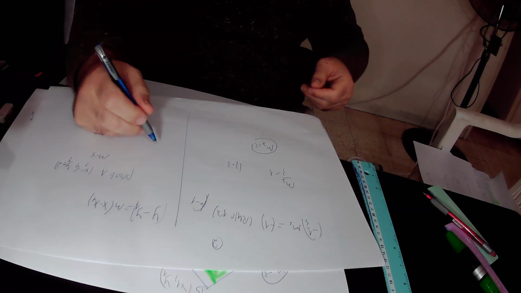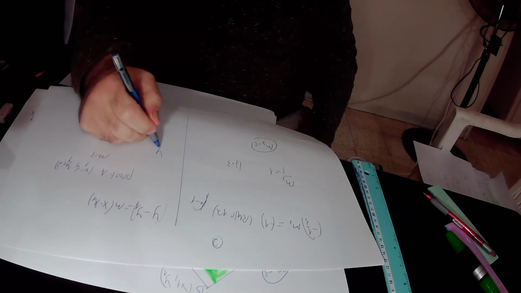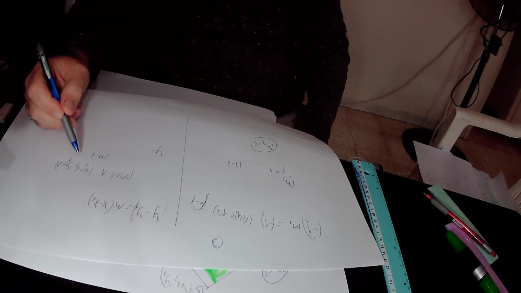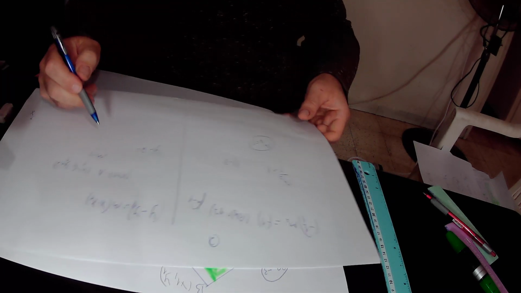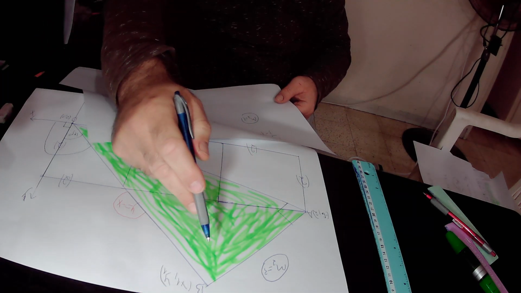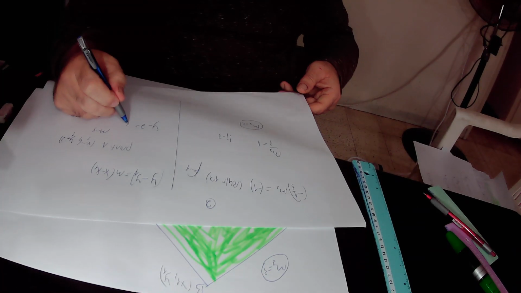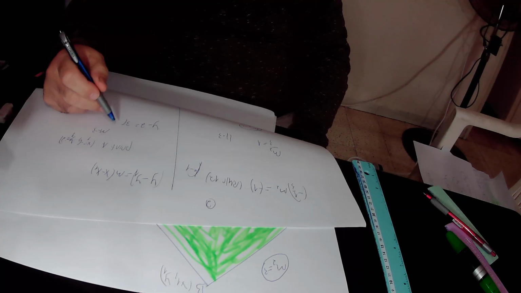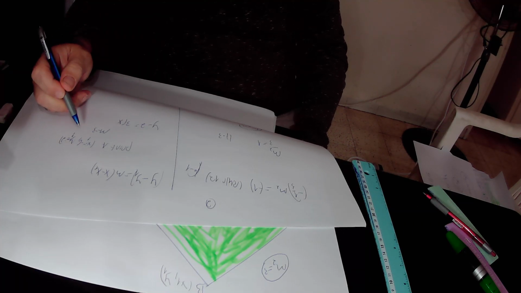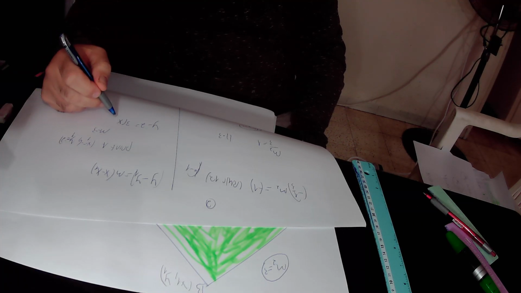We do it now: y minus y1, and y1 is 2, equals m, and m is 3, the slope of the straight line AB. Then we have x minus x1, and x1 is minus 6, so it is x plus 6.